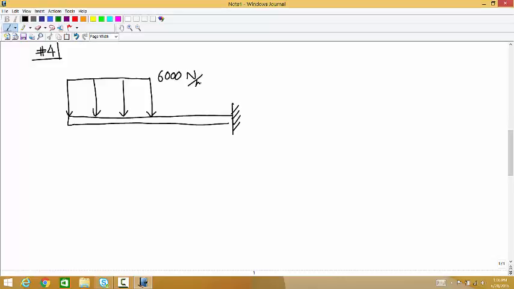6,000 newtons per meter. And then this is 1.2. And this is 1.2. How many places are there where the subfunctions are going to change? Well, there's the 2 endpoints and then the middle. So n is equal to 3. And so we're going to have 2 cuts.